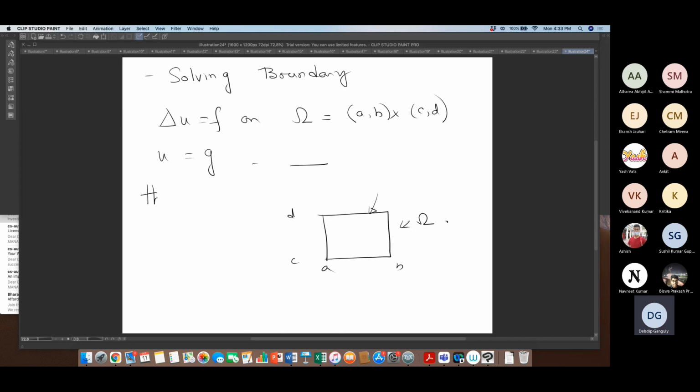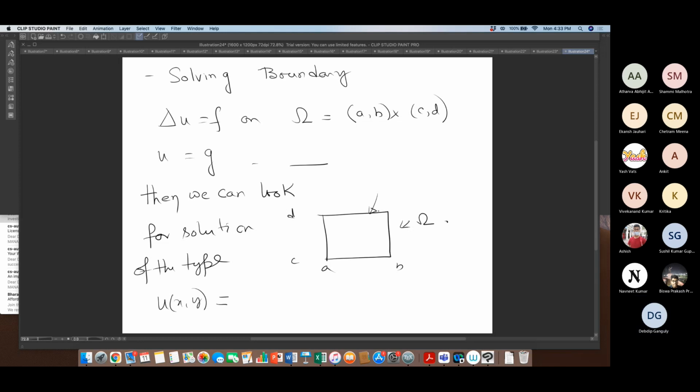Then we can look for solutions of the type u of x, y equal to... Suppose this boundary is given and we want to solve this type of PDE. What type of solution should one immediately think of?